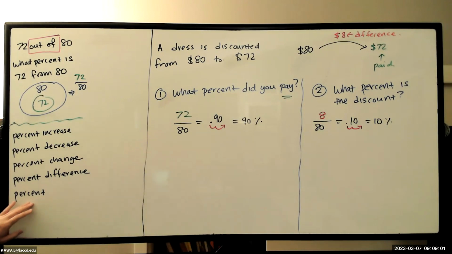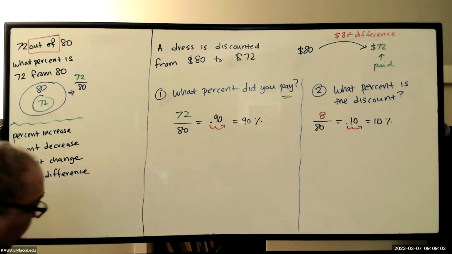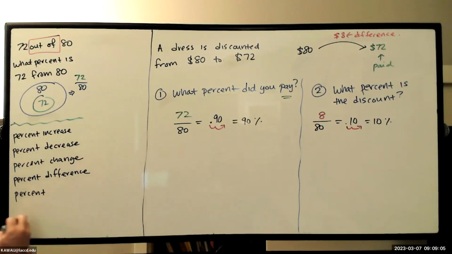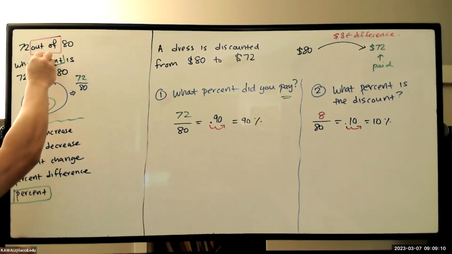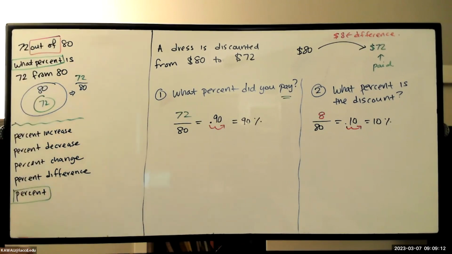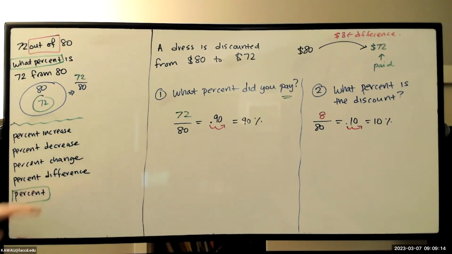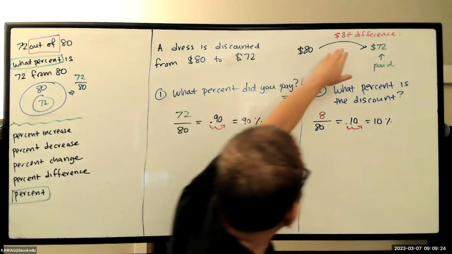Now they may also say percent. So be careful that this word percent shows up both here and it also shows up right here. So when it says what percent, you got to be really careful. But when it says 72 out of, or percent increase, decrease, change, difference, then you kind of know whether you have this situation, right?